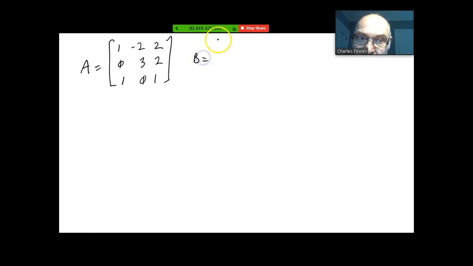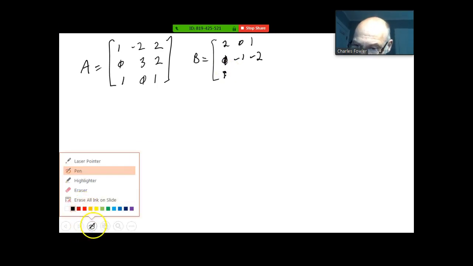Matrix B is 2, 0, 1, 0, -1, -2, and 3, 1, -2. The pen's not doing well today. Look at that 3. That doesn't look anything like a 3.